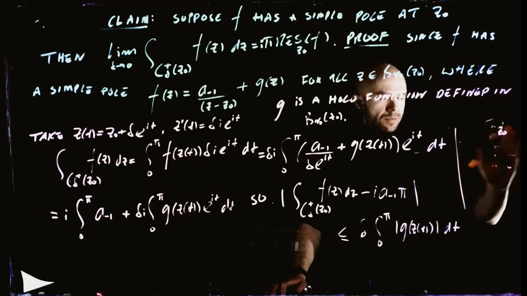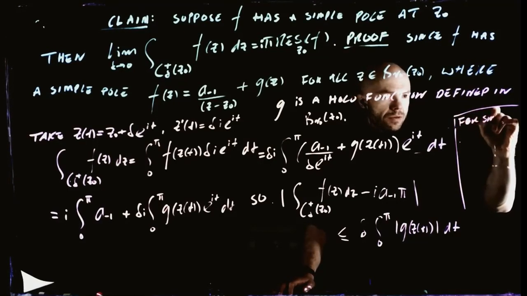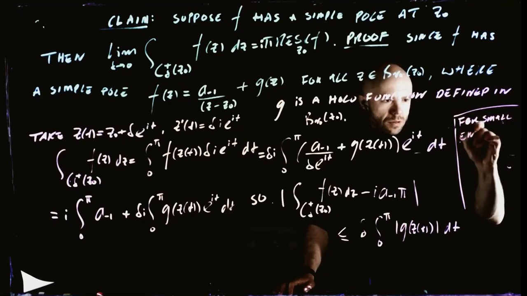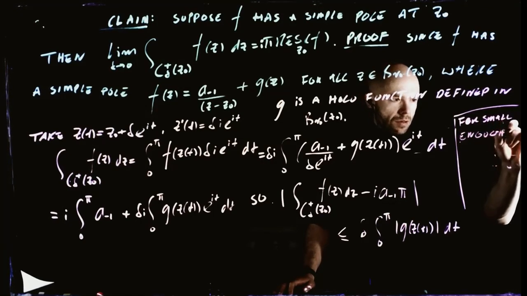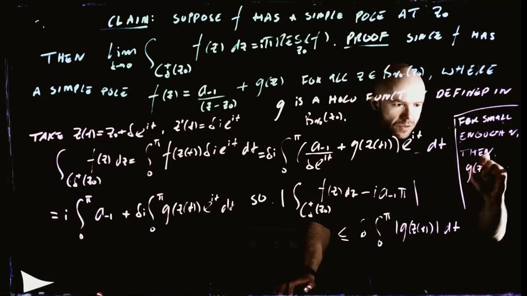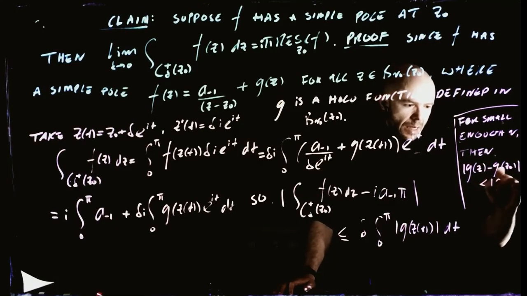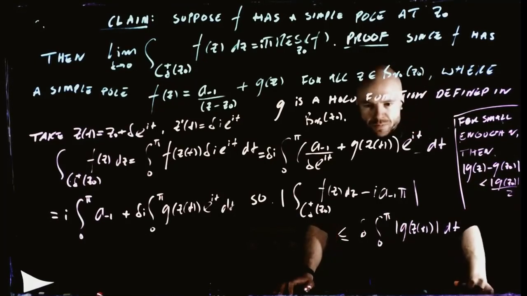So look. For small enough r, the absolute value of g of z minus g of z0 is less than the absolute value of g of z0 over 2.